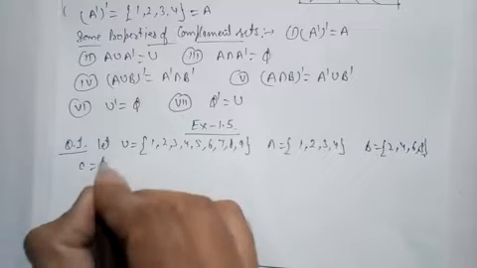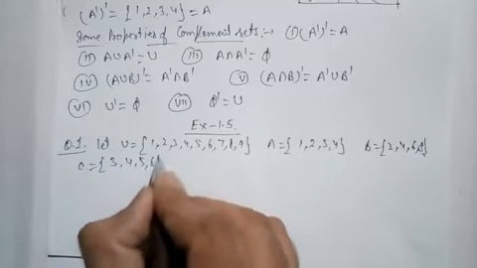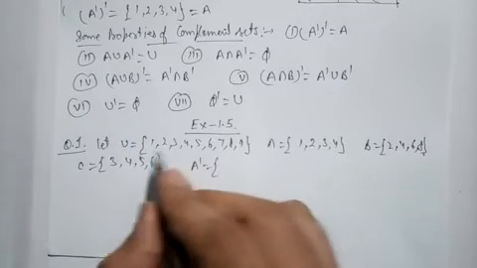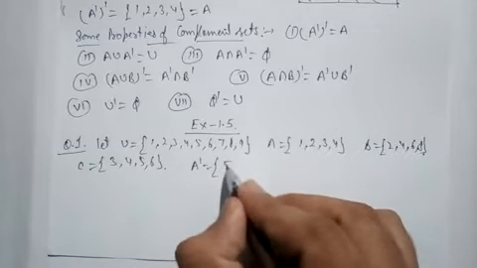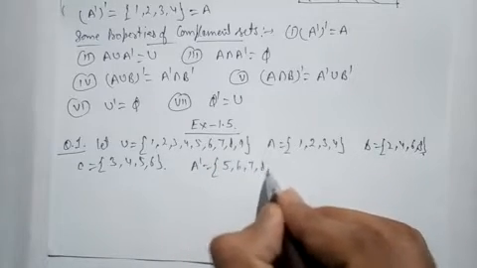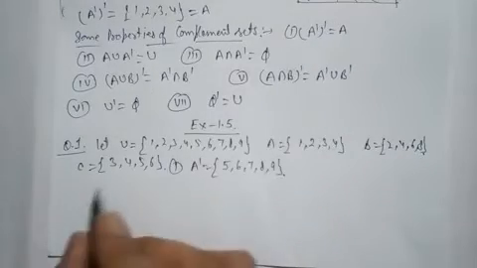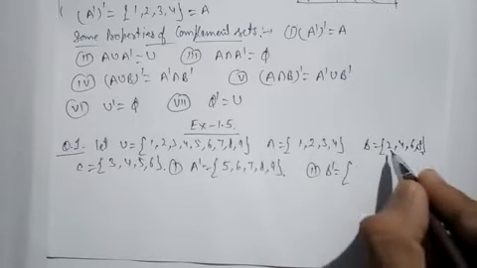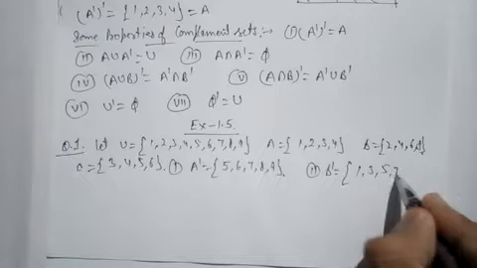And C equals 3, 4, 5, 6. Find A complement. A complement is all the elements of U which are not in A. Leave 1, 2, 3, 4, so 5, 6, 7, 8, 9 first. Second is B complement. B complement: we leave 2, 4, 6, 8, so 1, 3, 5, 7, 9.